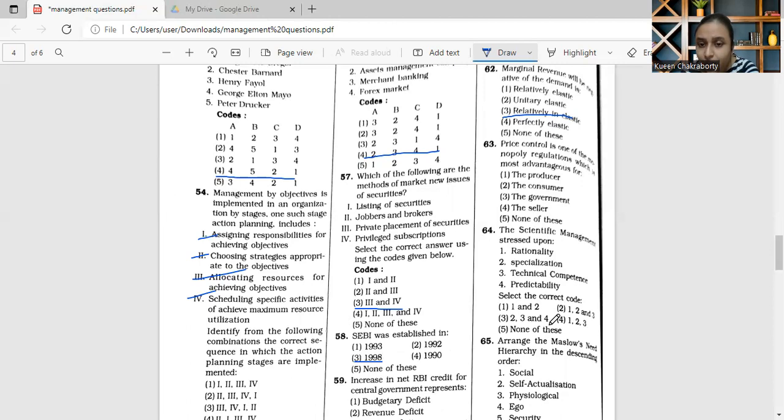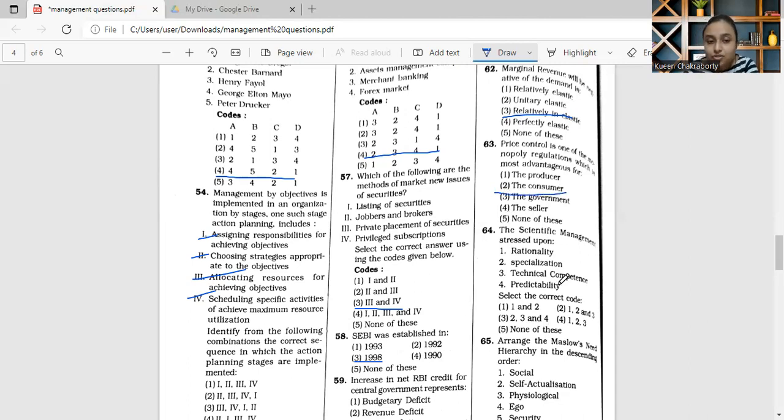A monopoly is often advantageous to consumers, with prices less than they would be under competition. So option number 2, the consumer, is the correct answer.